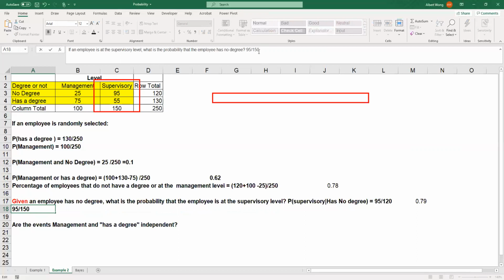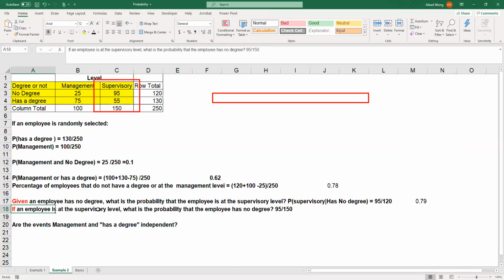Okay? Why is it 95 divided by 150 one more time? Because given the employee is at the supervisory level, there are 150 of them, and out of the 150 employees who are at the supervisory level, how many of them have no degree? 95 of them have no degree, right? So therefore the probability is 95 divided by 150.